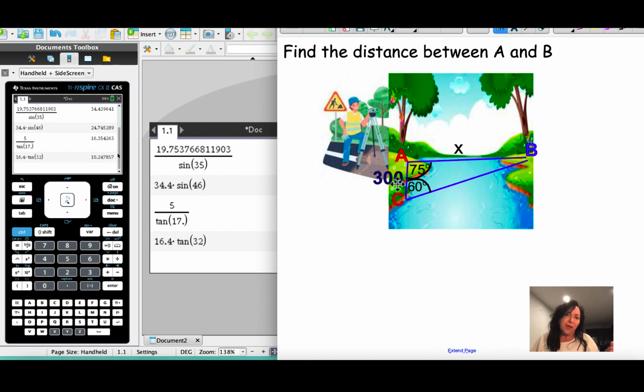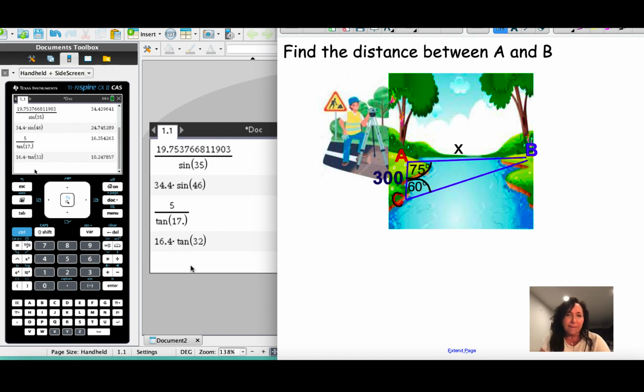So a surveyor can measure this length, I think this is A to C, and they're trying to find out the distance across the river without actually going across the river. And so what they can do is, based on this length here, they've got these two angles that they have to measure. And so in order to find across the river, we're going to use law of sines because obviously we have two angles.